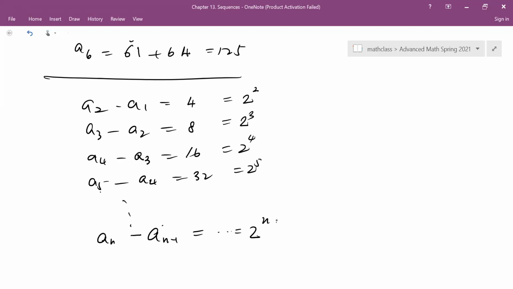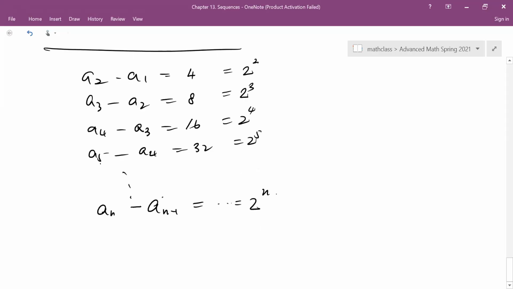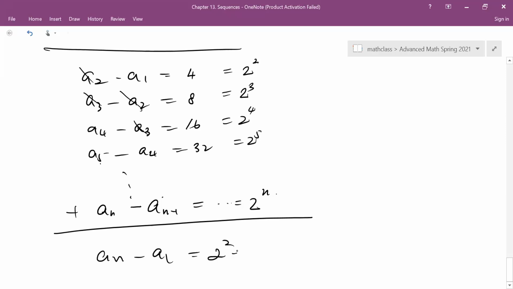Now on the right-hand side, this is a sequence of numbers, but it's easy to figure out the pattern. It's a new sequence of numbers which clearly has a pattern. It's 2 to some power. So add them together, and all the terms in the middle will be canceled out. So an minus a1 equals 2 squared plus 2 cubed, 2 to the 4th power, all the way to 2 to the n.